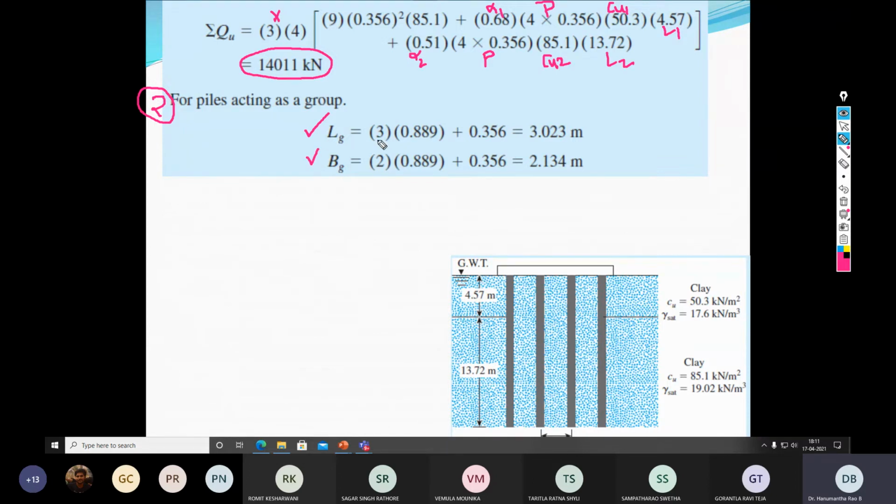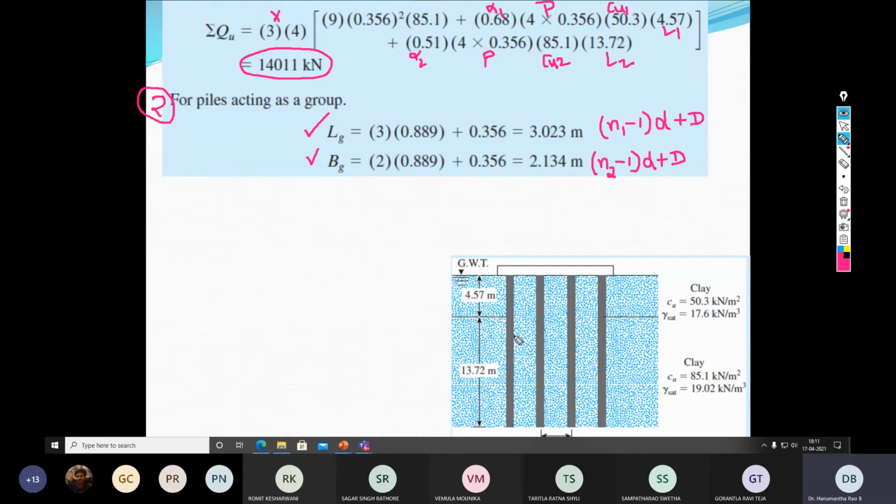If you recall, the length equation is n1 minus 1 into the spacing between the piles plus capital D. Similarly, in case of width, it is n2 minus 1 multiplied by the spacing between the piles plus the diameter of the pile.